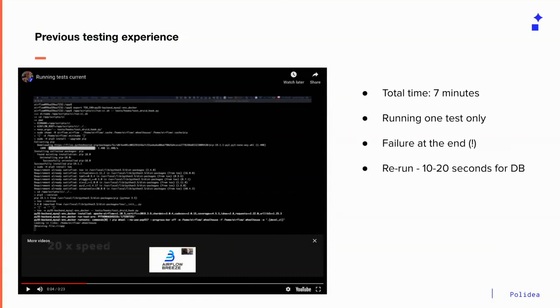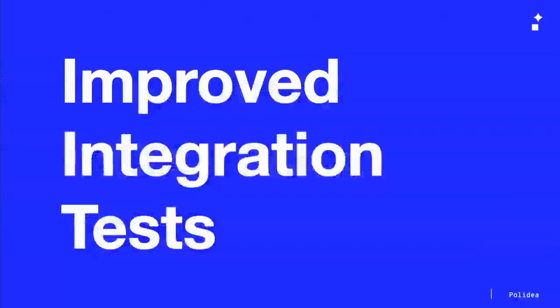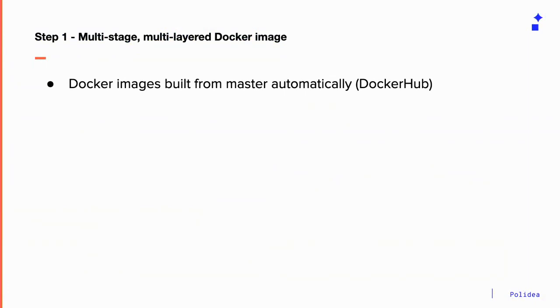If you actually make it run, rerunning the test took 10 to 20 seconds just to rerun one test. And when you close the environment, it's the same, like going back to the 7 minutes. You had to wait again. And you didn't have bash history, which is like, we are in 2019, so you probably want to use some of the new things which are there. So what is it right now?